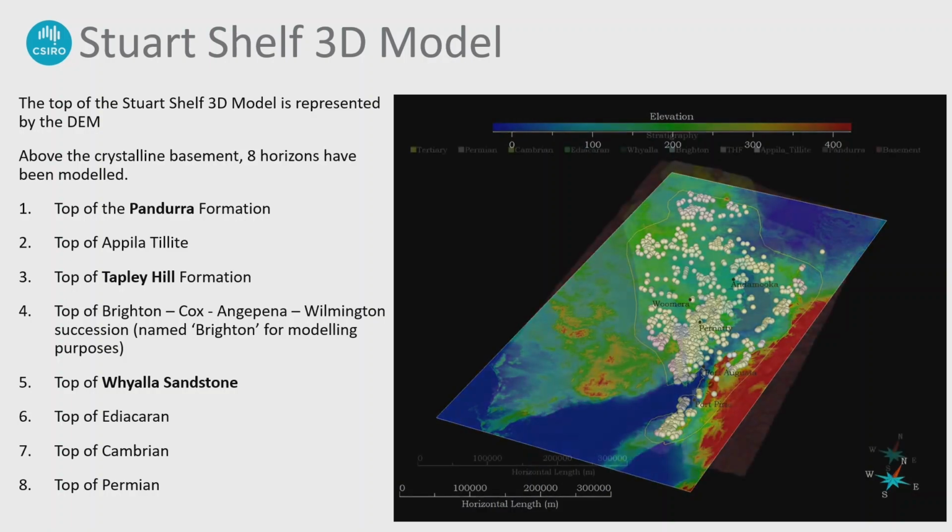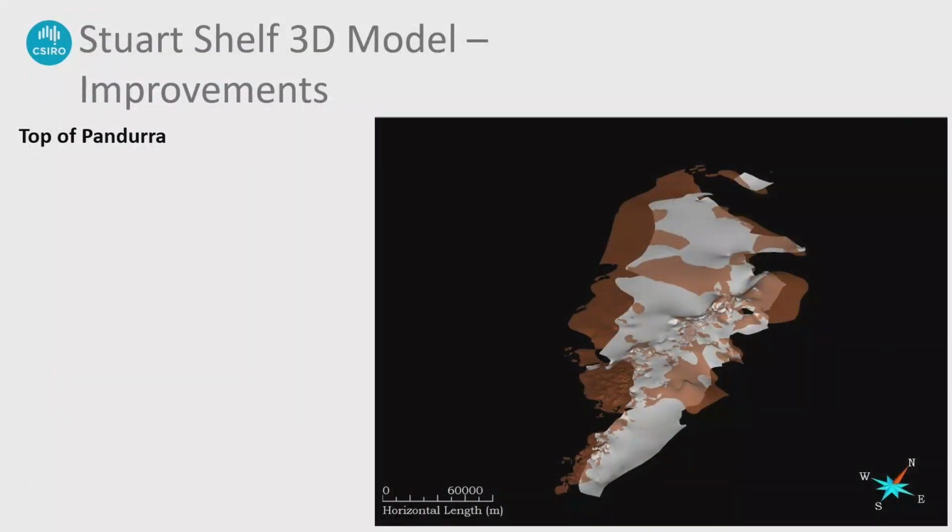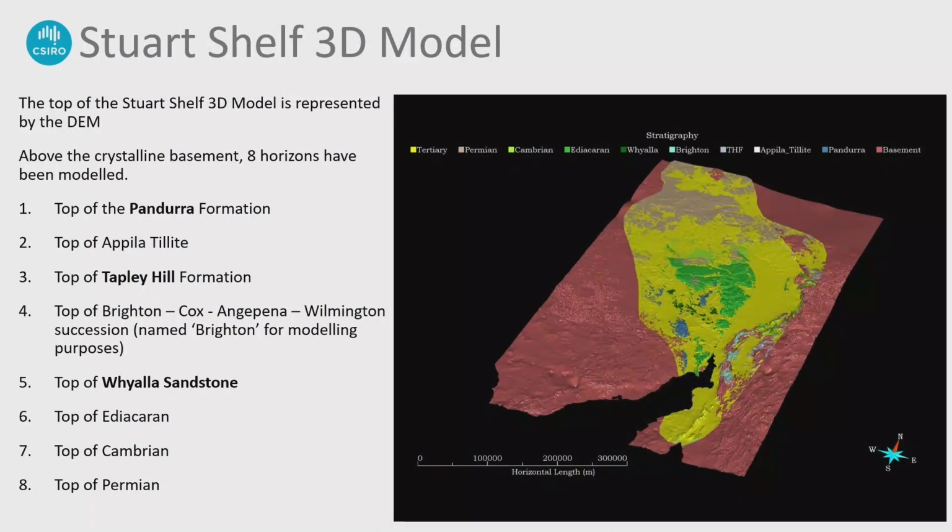If we take a look at the model, the top of the model is constrained by the DEM, the bottom of the model by the top of the crystalline basement, and above the basement we've got 8 different formations. That includes the Pandara, Tapley Hill, and Whyalla sandstone that are those key lithostratigraphic units I was talking about before.